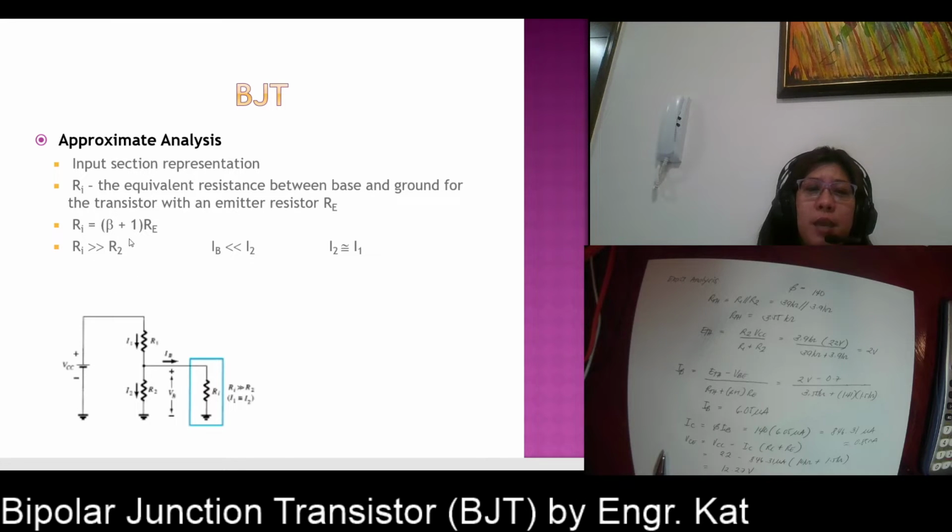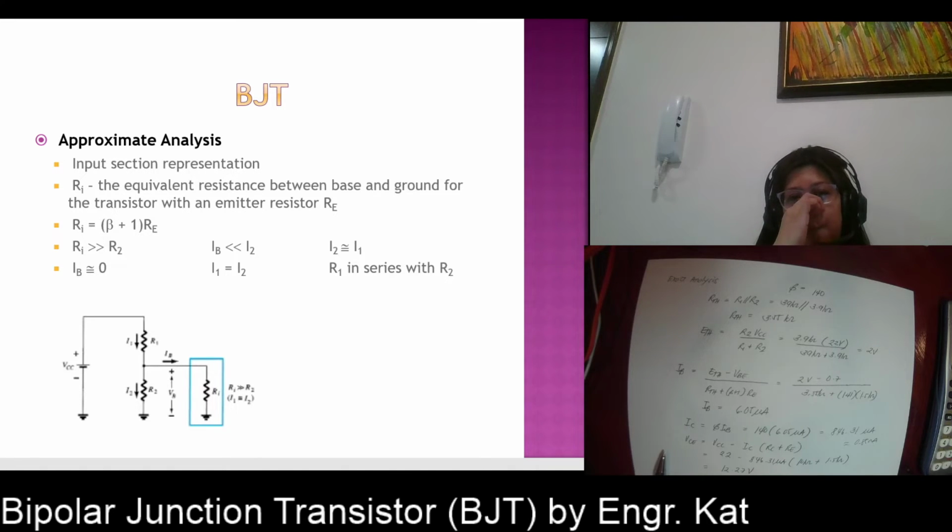So what will be our condition to satisfy? When IB is approximately equal to 0, I1 is equal to I2, and R1 is in series with R2. So it is safe to use the term voltage divider because they are already in series.